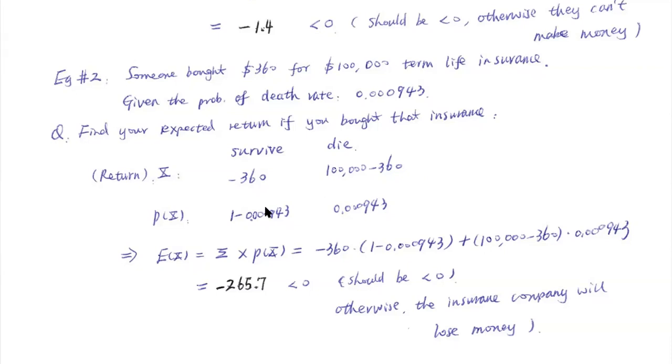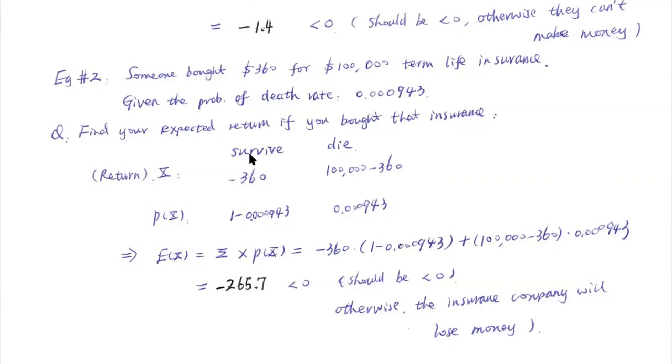And then we calculate the corresponding probability. So we are given, out of the huge population, the probability of death rate here is 0.0000943. So in other words, it's less than 1 out of 1,000 people, right? So the probability of death rate is very low.